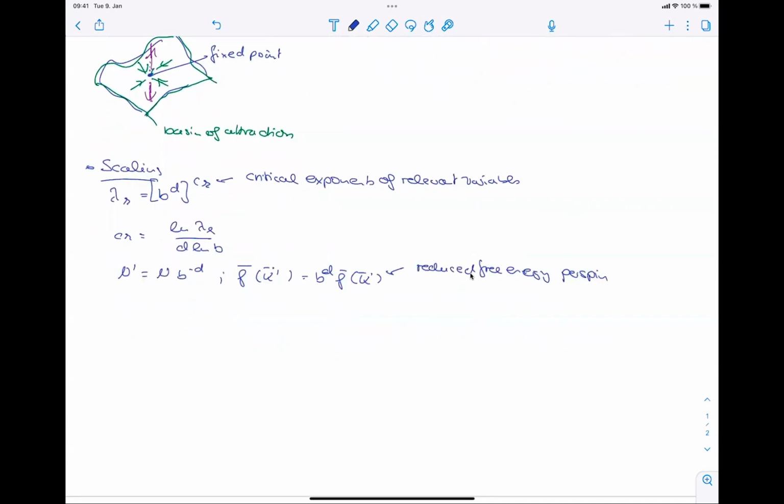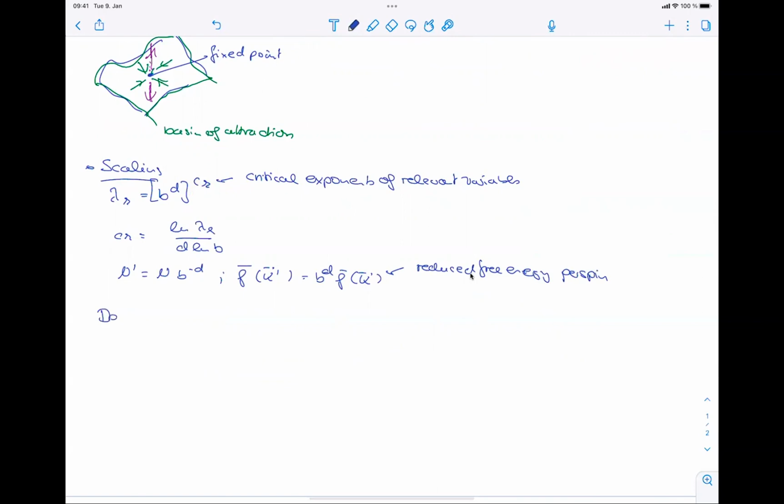And now we derived that these critical exponents allow us to really derive the critical exponents of our thermodynamic variables just as a function of those.